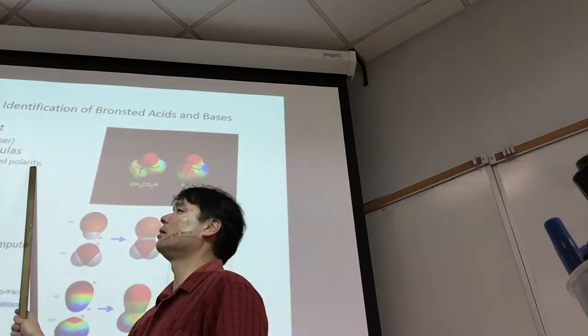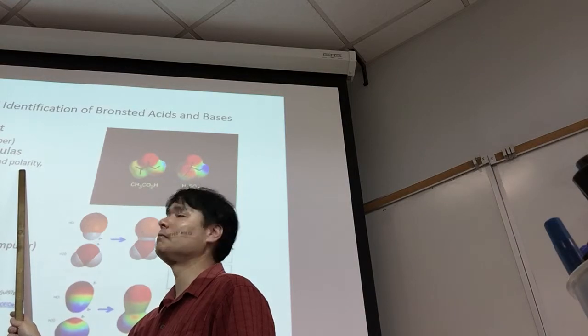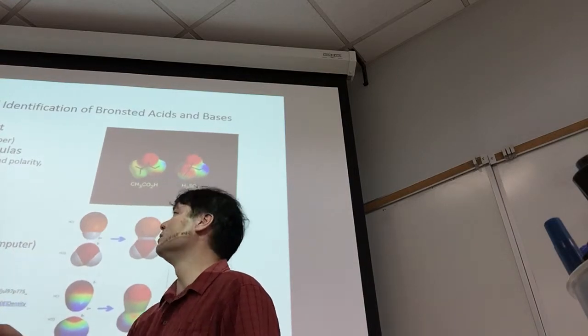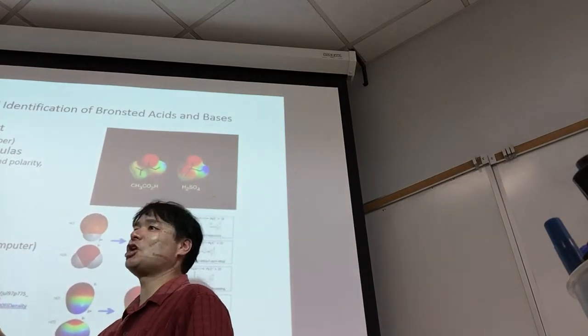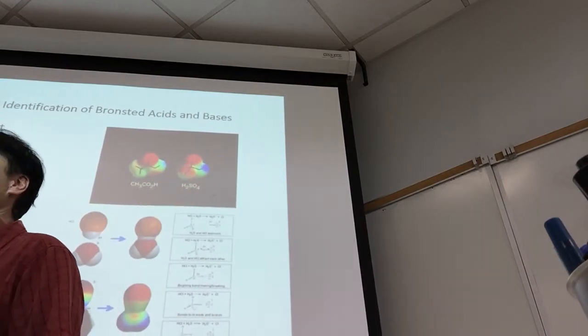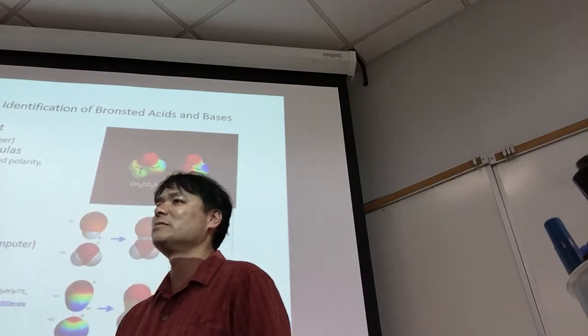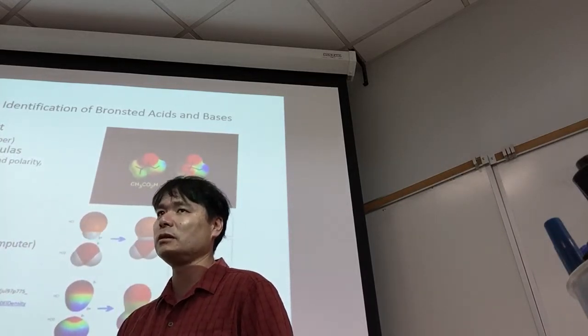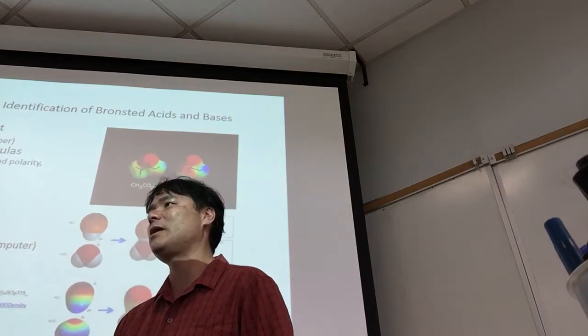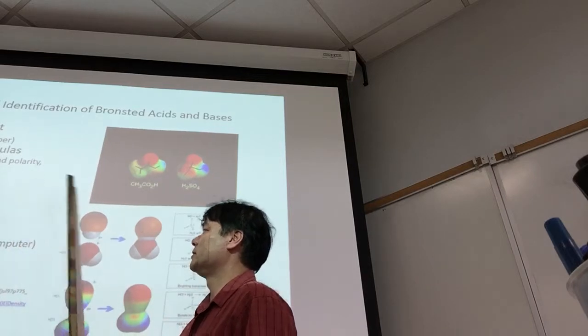And therefore bond polarity dictates the acid strength. And then for some of those, it's product stability. HF is a very, very weak acid compared to HCl because of the product stability. The product stability is it forms something called an ion pair, H+ and F-. And so those things influence the strength.